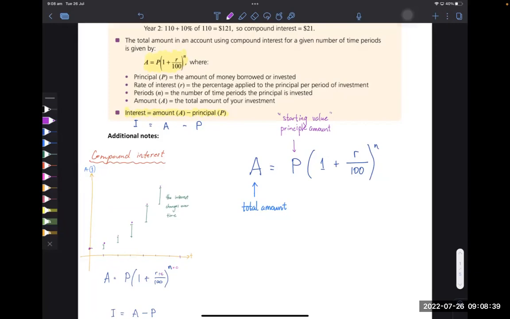And we've got two more letters here. We've got the R. The R stands for the rate of interest. So we'll just call this one rate. I'll label this in this red color. Rate. And the units for this is in percent per annum.